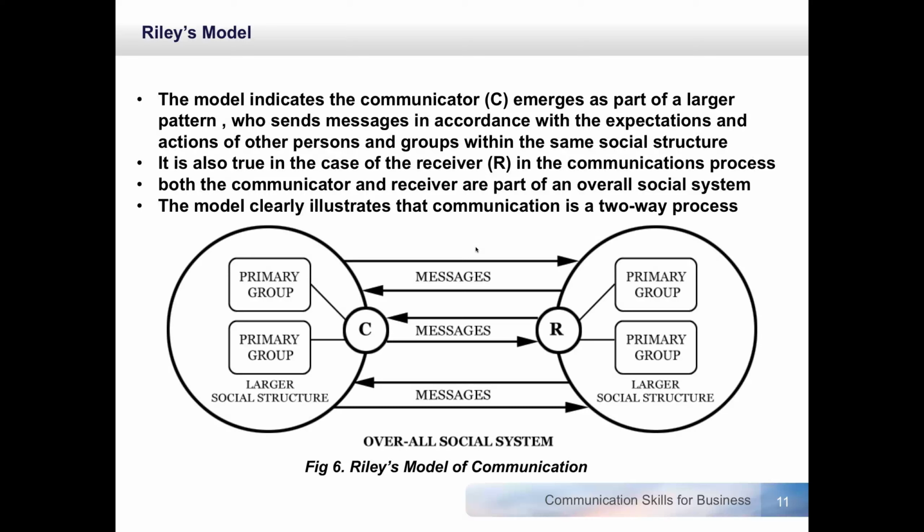A good example of this is if you visualize yourself within a meeting room or in a classroom, and the teacher gives out a group activity and separates you into different groups and asks you to work on that. So there'll be group A and group B, and these groups will do their discussions, and when they're asked to present, a number of conversations will happen between the groups of students.